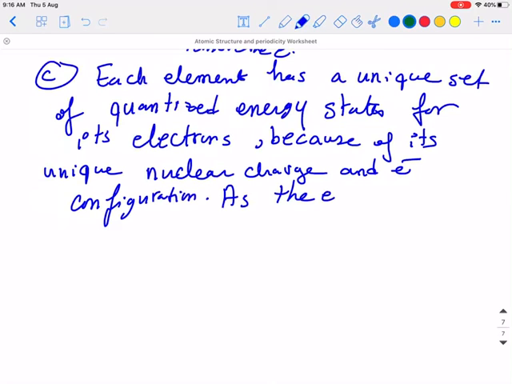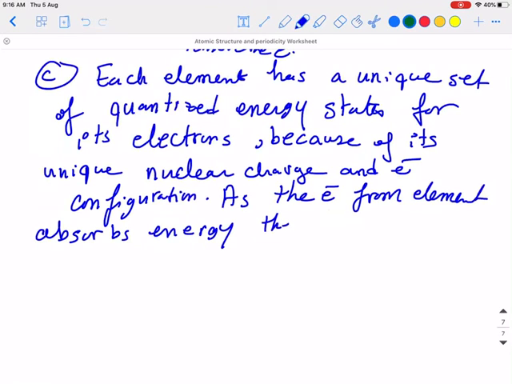In reality, as the electrons from the element absorb energy, they change to higher energy states. We say they are excited. They absorb energy, they got excited.